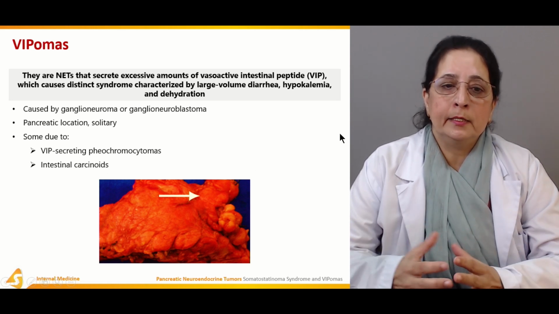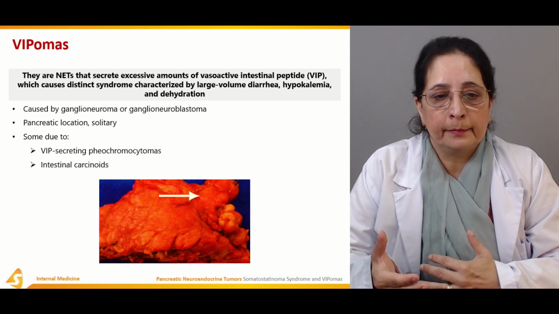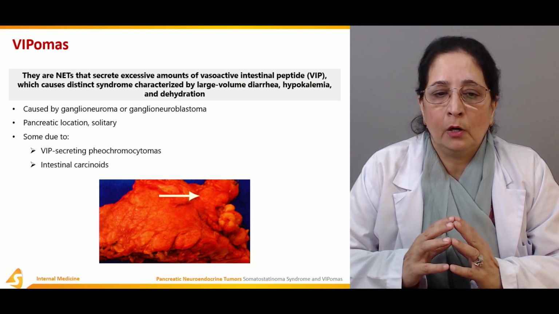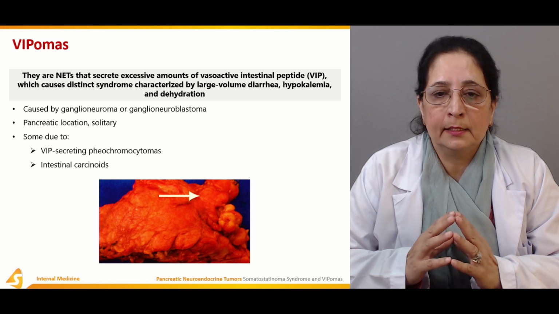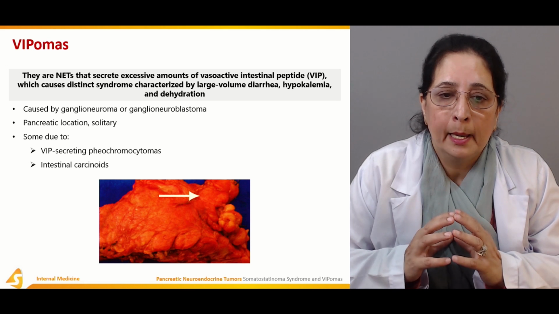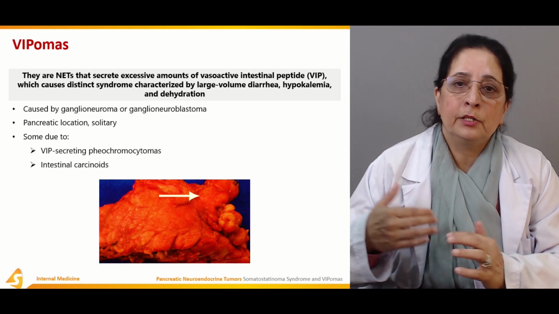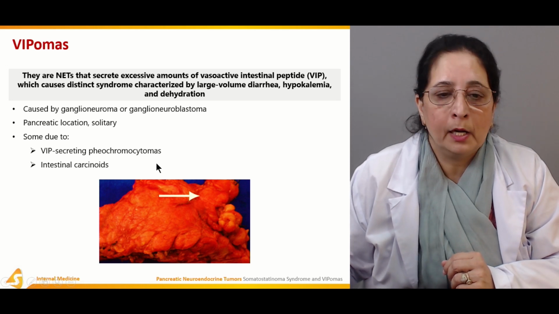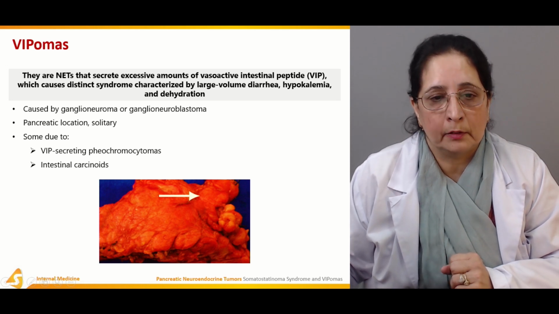So mostly VIPoma is due to the secretion of vasoactive intestinal peptide by a neuroendocrine tumor present in the pancreas, but it is also due to the pheochromocytoma and the carcinoid syndrome.